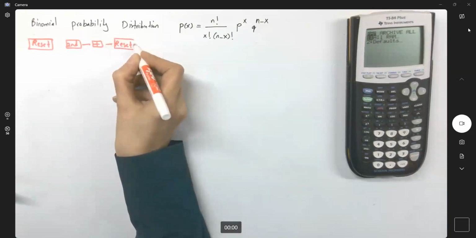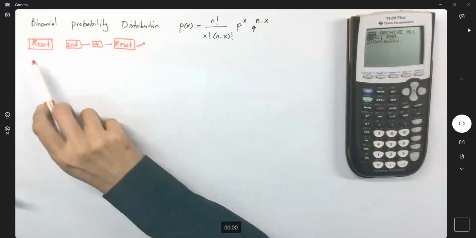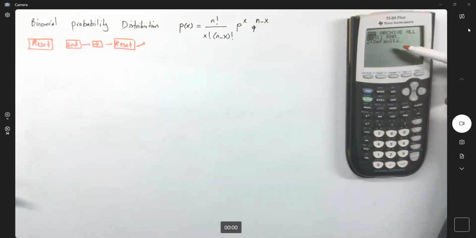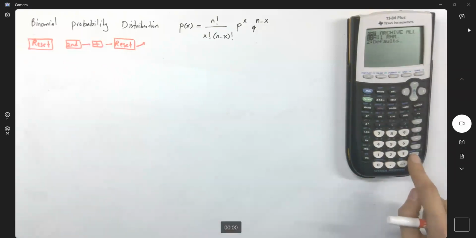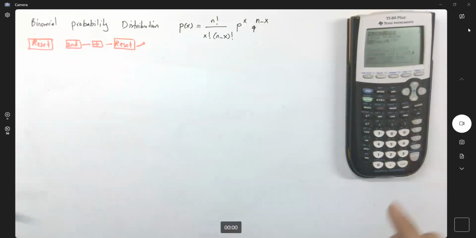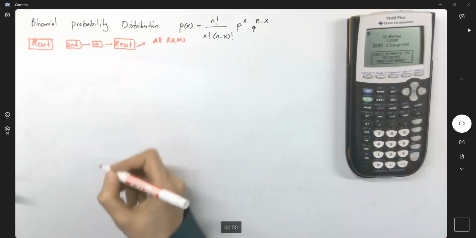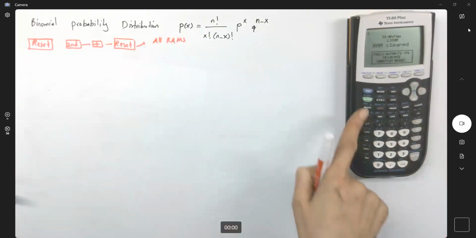You need to reset 2 things. You need to reset all RAM, then repeat these steps and reset the defaults. So for now, let us reset all RAMs. Click on all RAMs and reset. So we reset all RAMs. Now you have to repeat these steps.